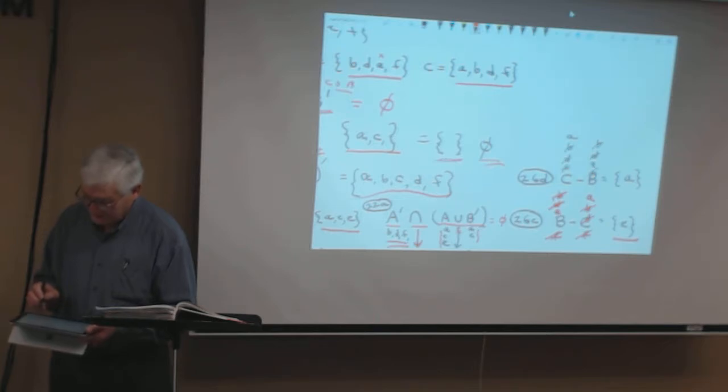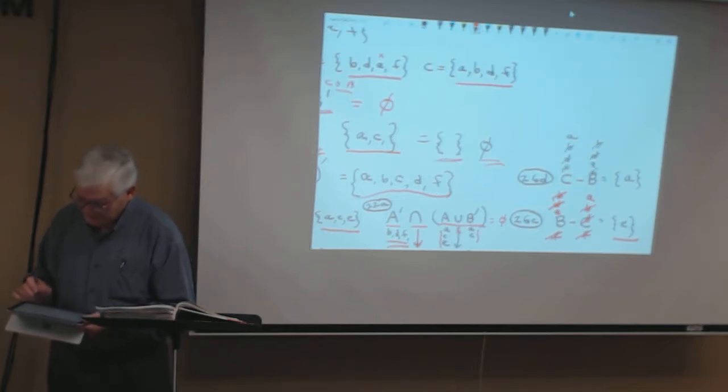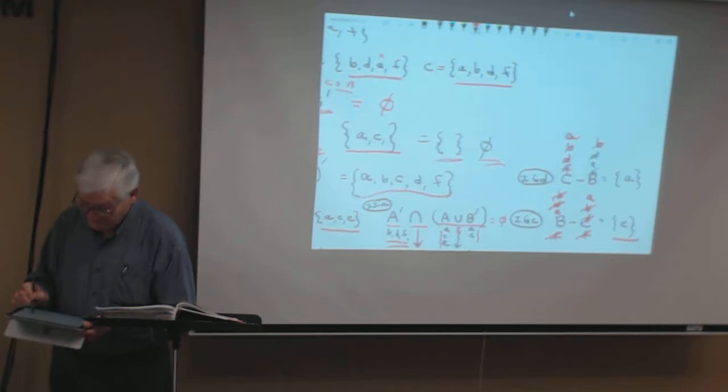So I made up another one, C minus B. So what's C? A, B, D, F. And what's B? B, D, E, F. So what subtracts? The B subtracts. You follow me? The D subtracts. The F subtracts.